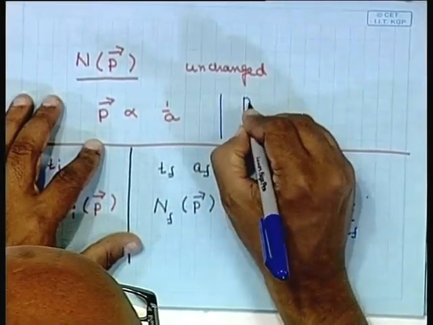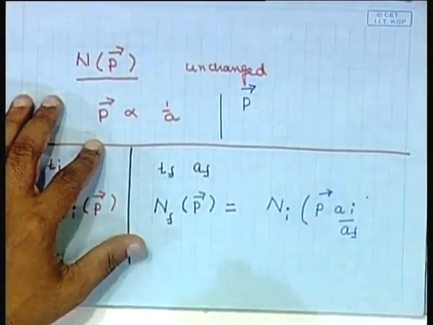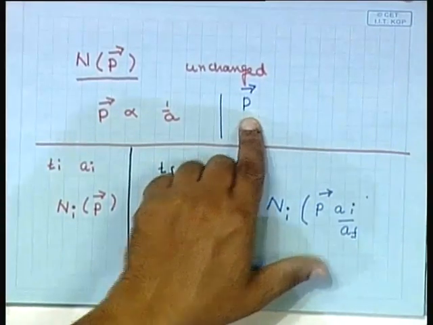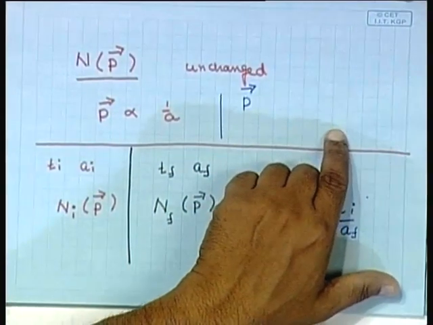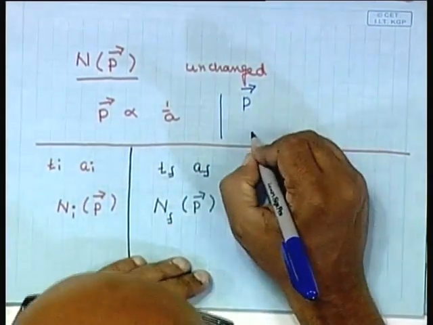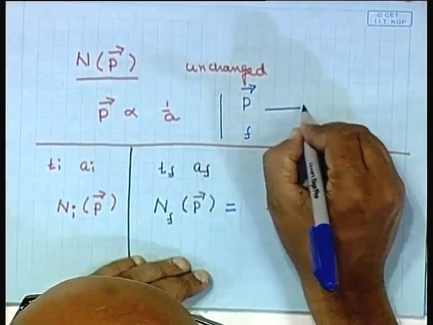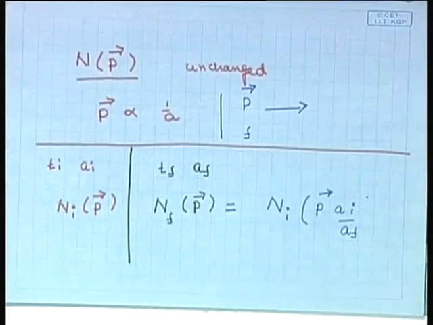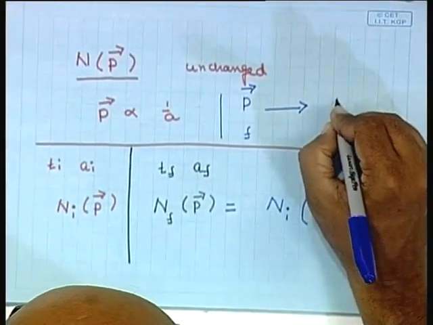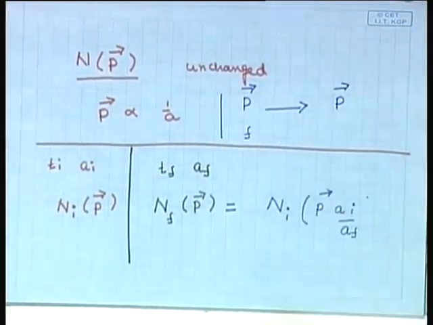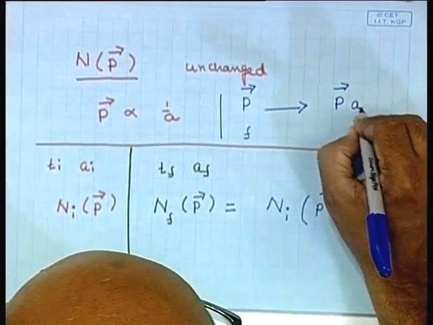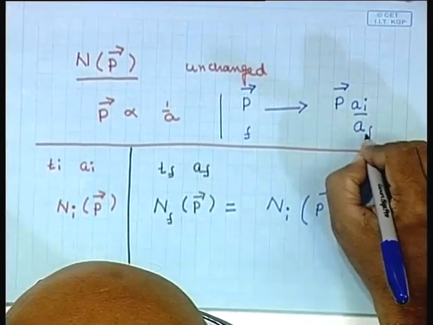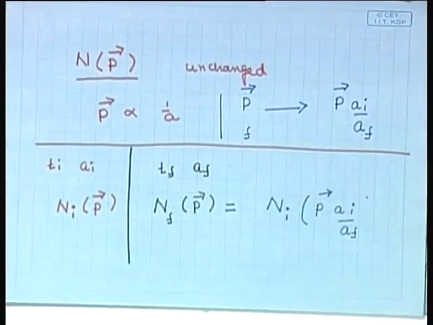This has a value p at the final instant. What is the corresponding value at the initial time? We know that this scales inversely, so it is going to be scaled as a_i by a_f.